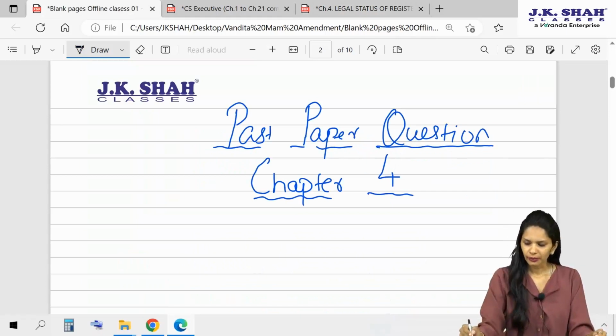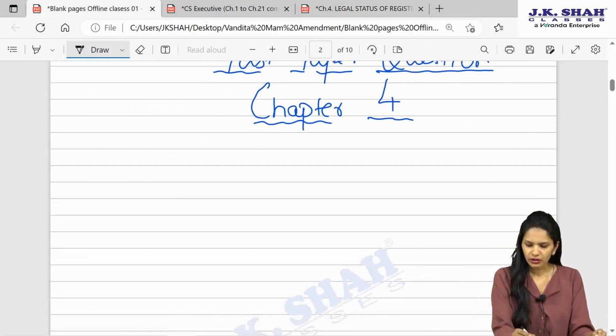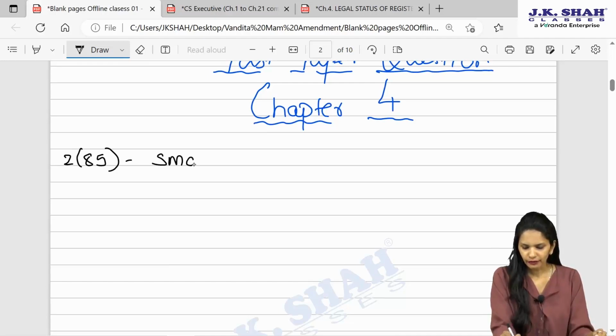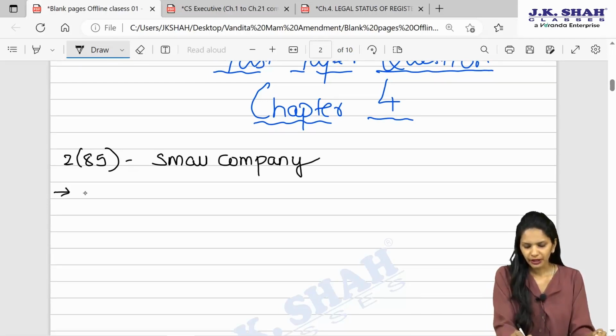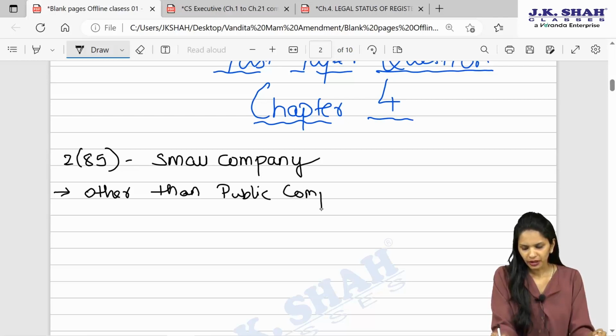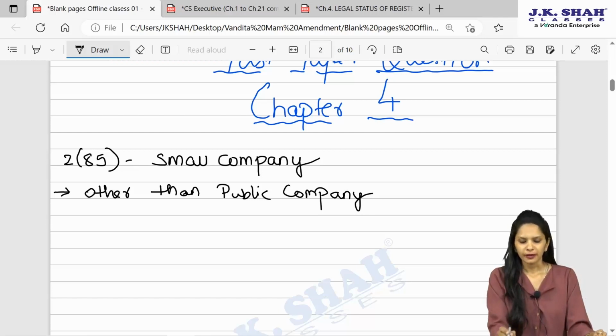Now this question relates to the small company. So which is the applicable section number over here, students? If you recollect, it is Section 2 clause 85. Section 2 clause 85 talks about the small company. Now what is a small company? A small company means a company which is other than a public company, right? So the company will always be a private limited company.